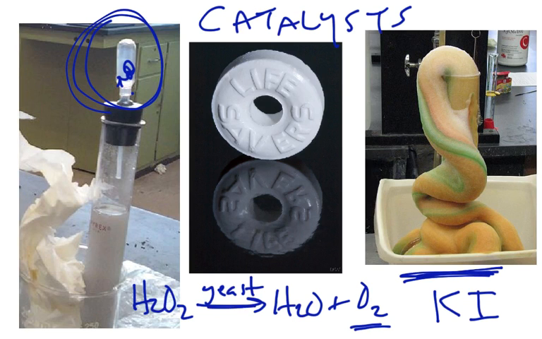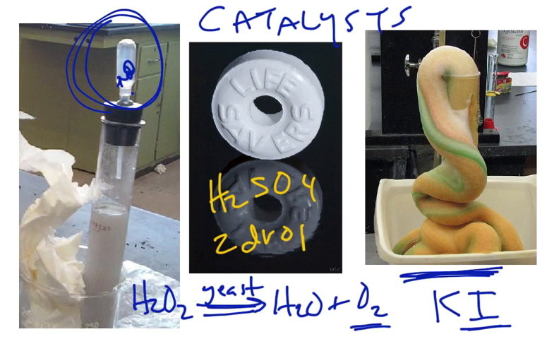So yeast was a catalyst, iodide was a catalyst, and the last time was when we were doing the esterification lab. We were using concentrated H2SO4, 2 drops, when we mixed together our acid and our alcohol, and we were able to make the ester methyl salicylate, which smells like wintergreen.